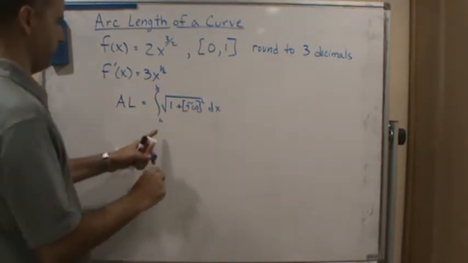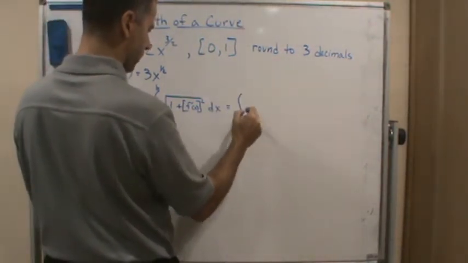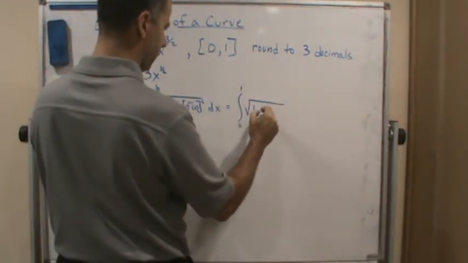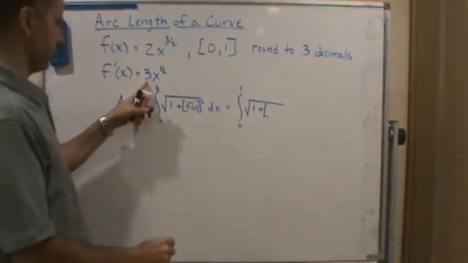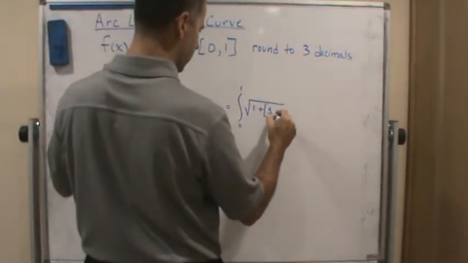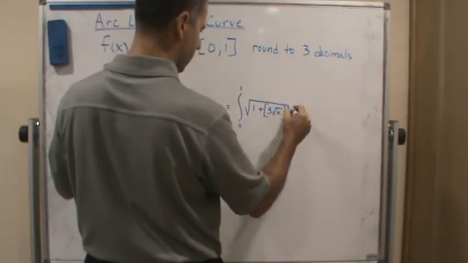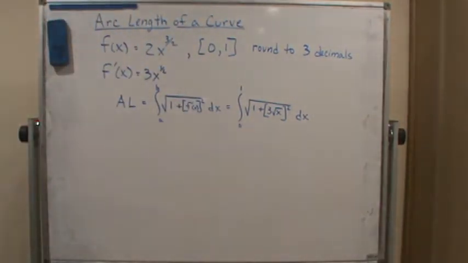Now we put in our values, from 0 to 1, square root of 1 plus 3 times the square root of x, quantity squared, dx.